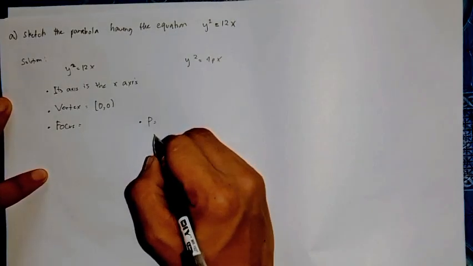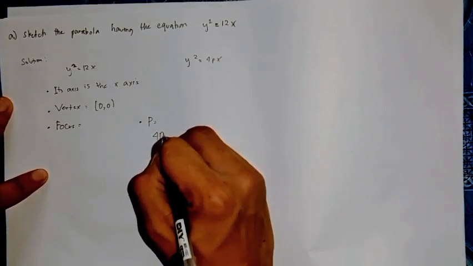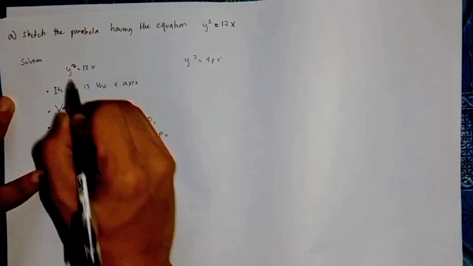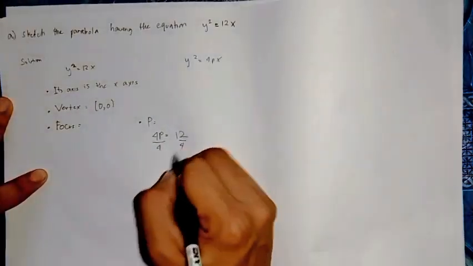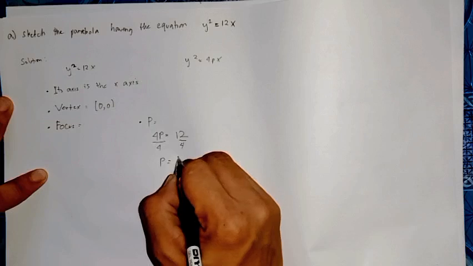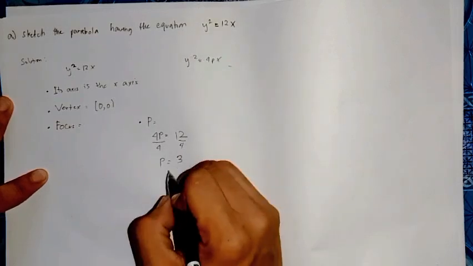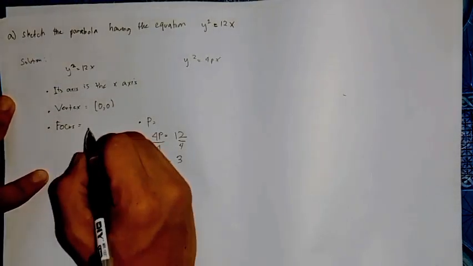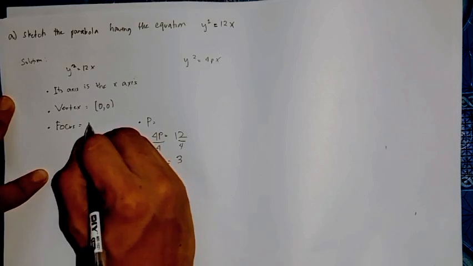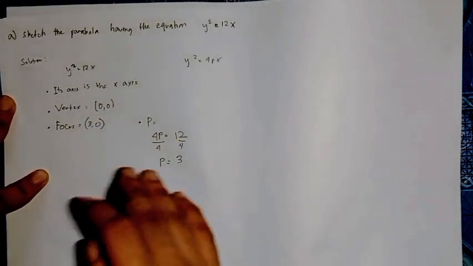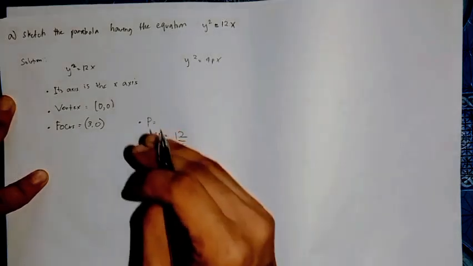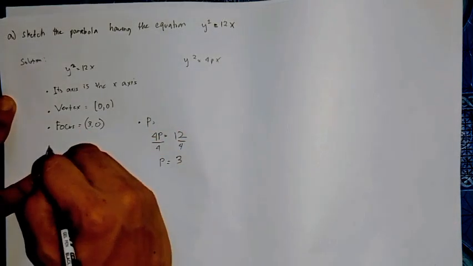Therefore, 4p is equal to 12, so 12 divided by 4, p is equal to 3. Therefore, the focus is (3, 0), because the distance p is the distance from vertex to the focus.